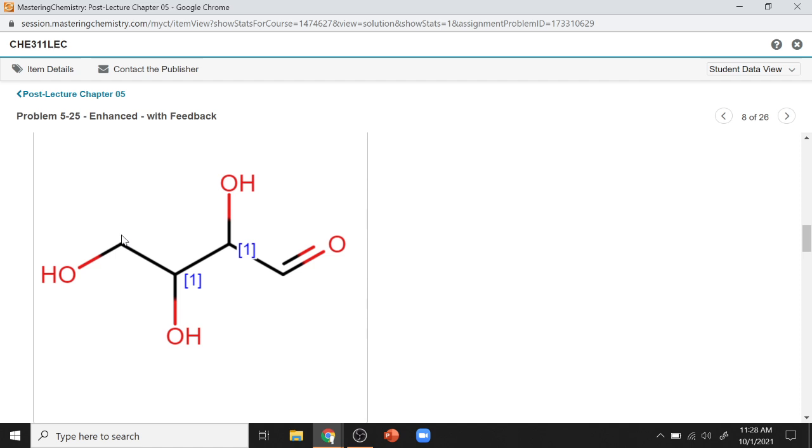Can you exchange two groups and get the same thing? Exactly, because that's how you would make the mirror image, right? So since this is two hydrogens, we can flip those either way, so then it has to be symmetric. That's another way of looking at it. If you can exchange two things around there, it automatically means it's symmetric, because that's another way of looking at symmetry.